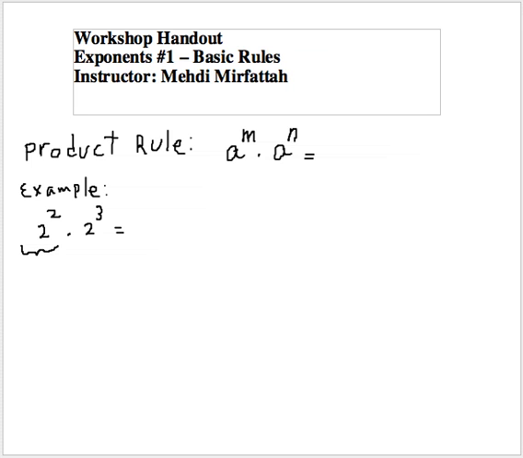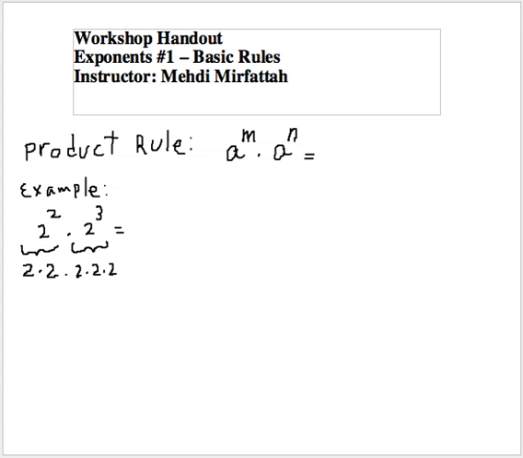2 to the power of 2 means we have 2 times 2. Is that okay, Sandra? I'm not sure where you get 5. I think you're thinking about the final answer. Before we get to that, how about 2 to the power of 3? 2 to the power of 3 similarly would be equal to 2 times 2 times 2.